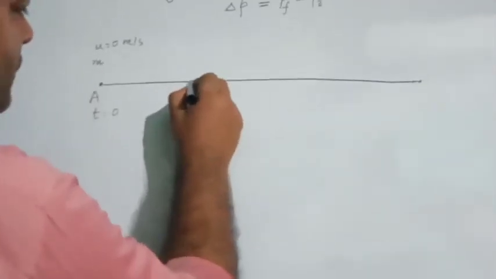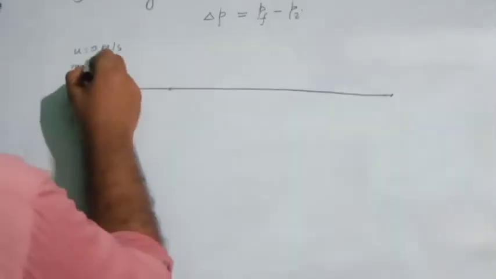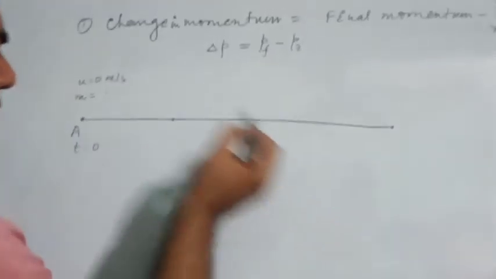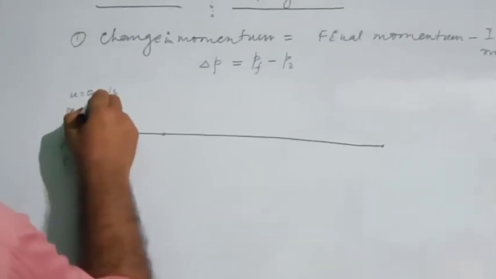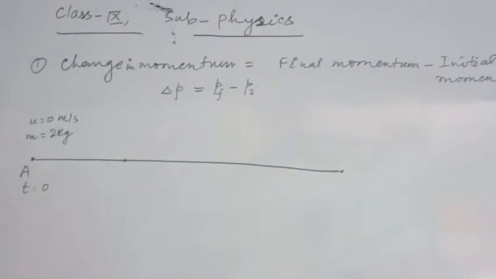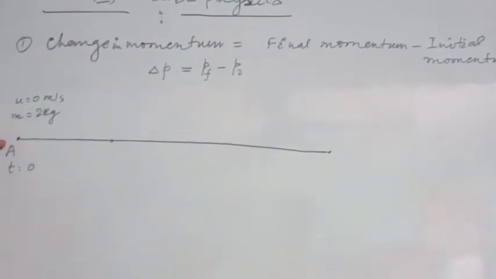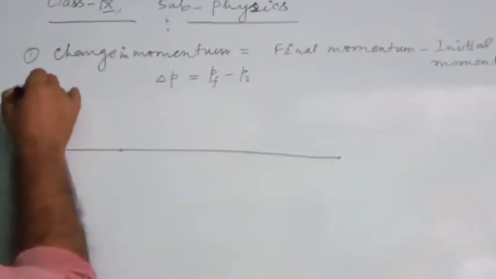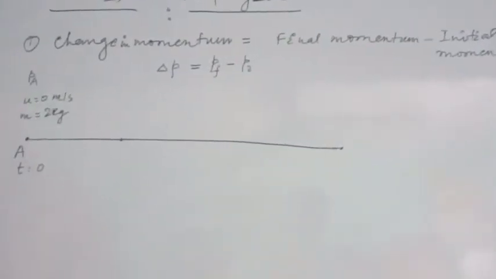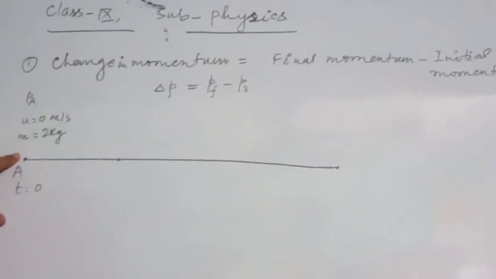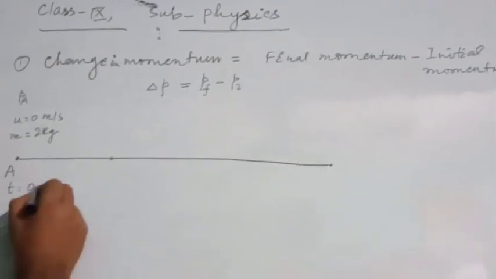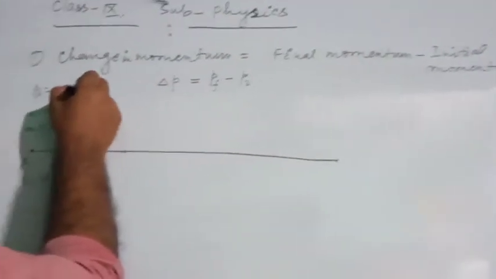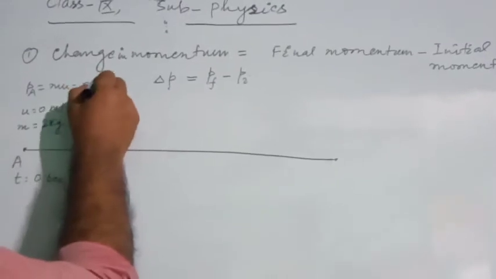Suppose you take m equals 2 kg. At point A, the momentum of the body is PA. PA means momentum at point A when time is 0. P equals mu, that is 0.